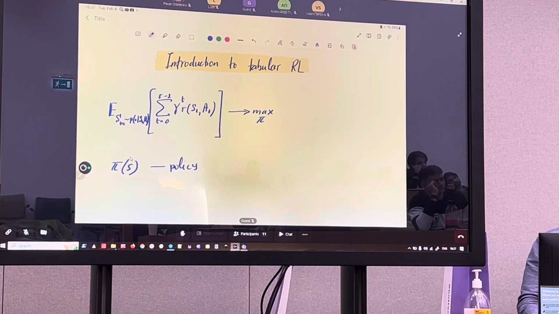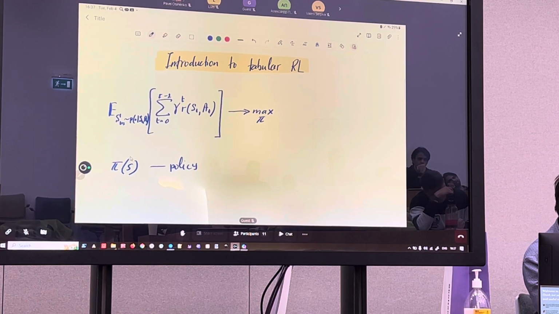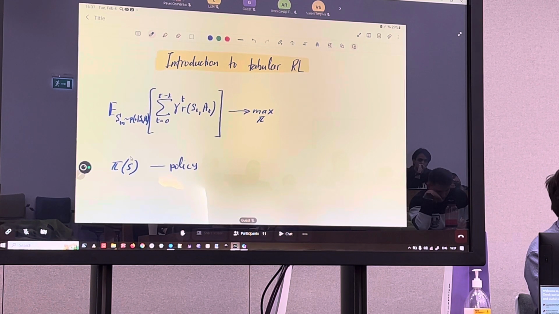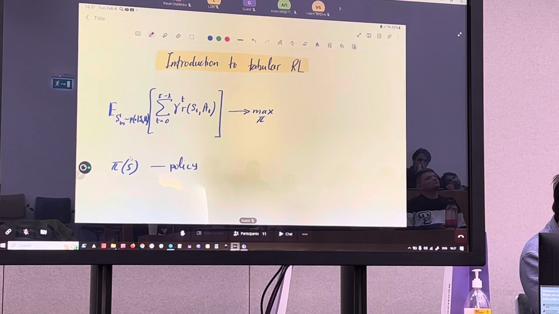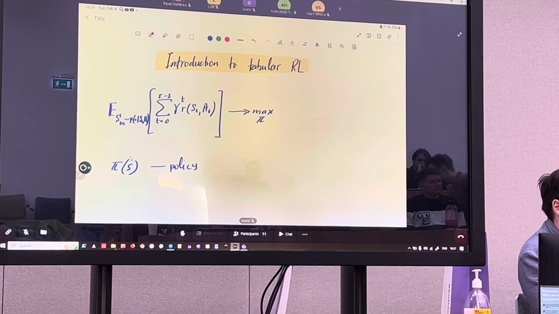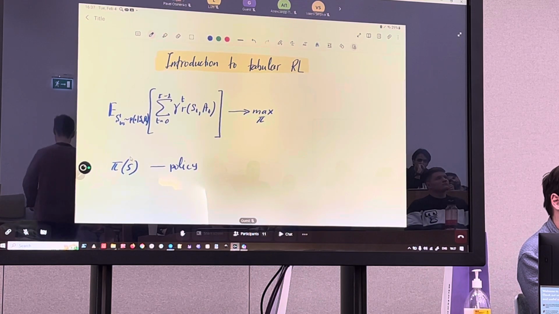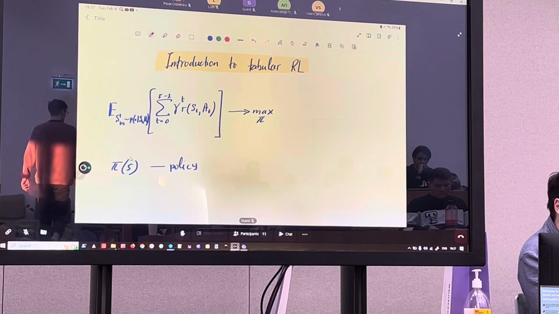Now, when you just look at this thing, there's already something to think about. How to solve this? Well, if you look at it from the data science perspective, you see, okay, maximize, it's an optimization problem, and I know how to solve optimization problems.